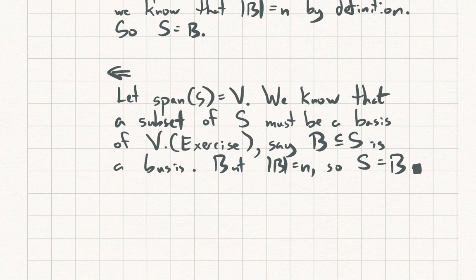But we know that a basis has indeed n elements, so the only subset of an n-element set that also has n elements is itself. So we know that the original set S must be a basis. So that's great. That says that if we ever have the number of vectors that's the dimension, we only need to check one of linear independence or spanning to determine whether it's a basis or not. We have one, we get the other for free.